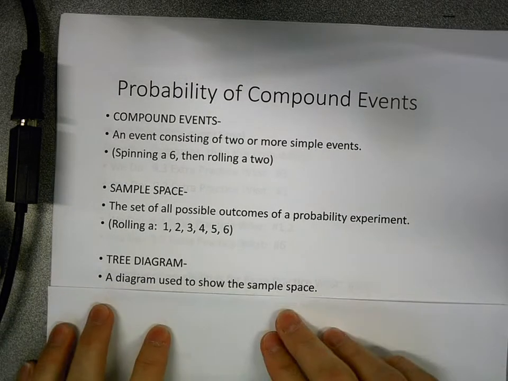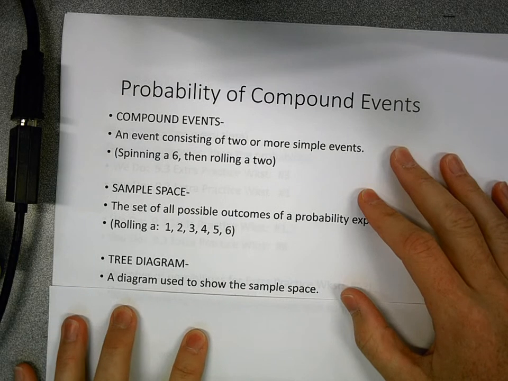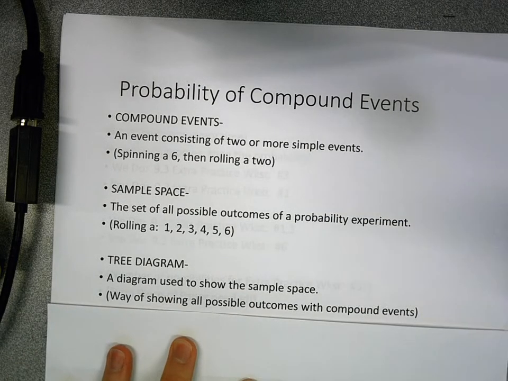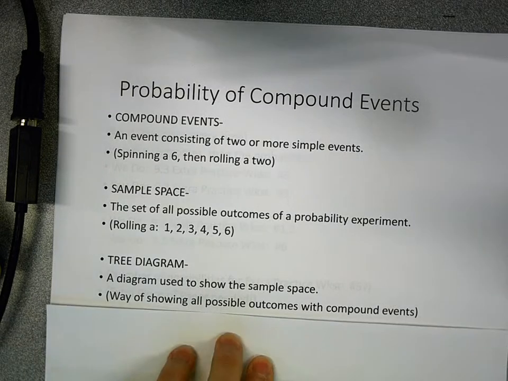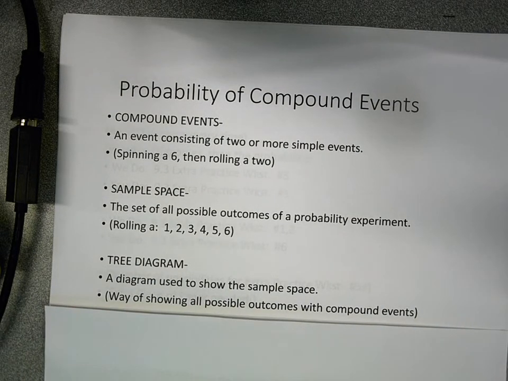So we're going to use a diagram to be able to pull that off. In the little box, it's a way of showing all possible outcomes with compound events. It's almost restating the actual definition.